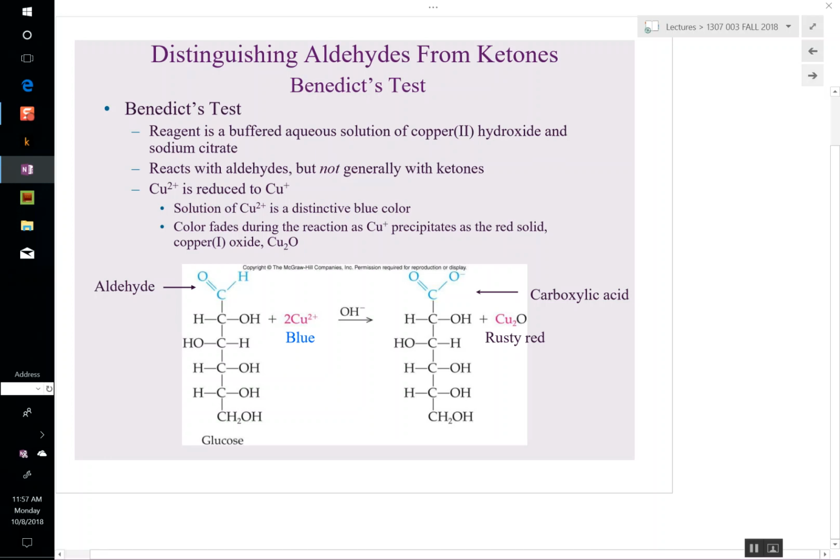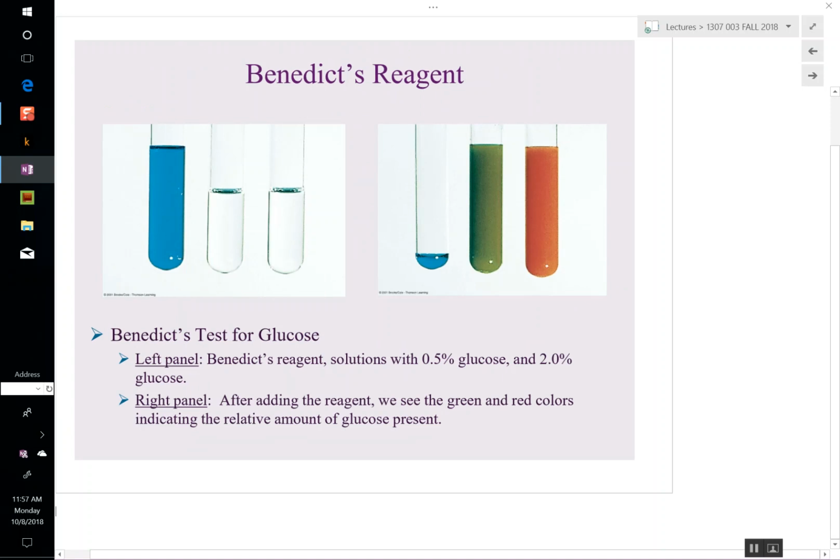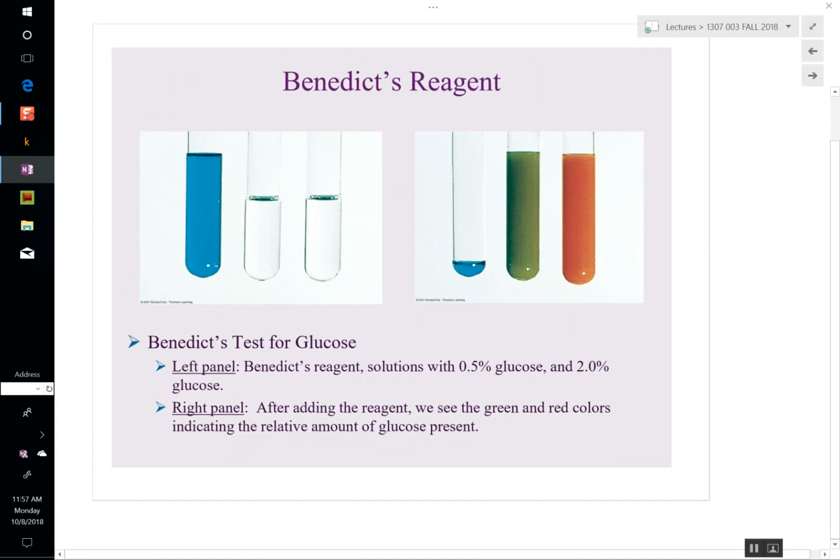So let's take a peek at it here. So here is an example. Let's say you had, let's see, left panel, Benedict. So here we got 0.5% glucose and 2% glucose.